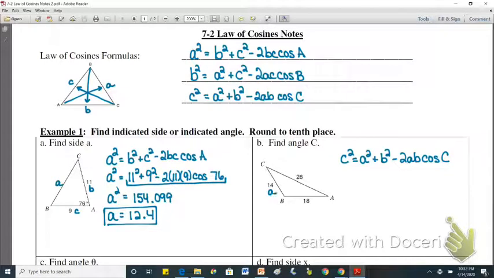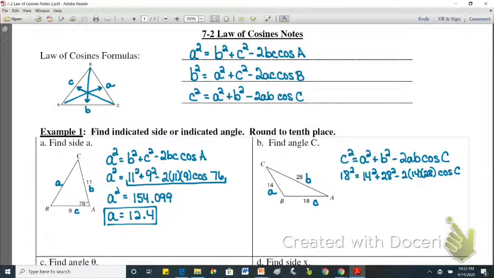This is A, this is B, this is C. So it will be 18 squared equals 14 squared plus 28 squared. Now, since C is not my hypotenuse, because these are not right triangles, C will not always be the largest side. So just keep that in mind.